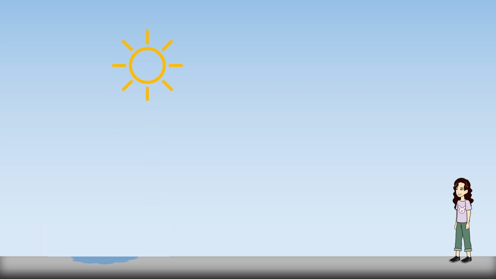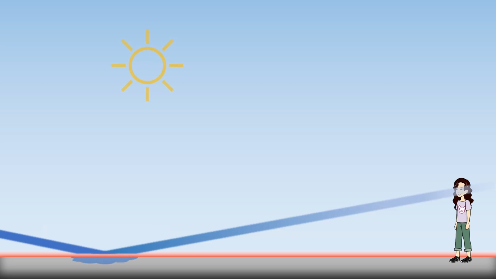During summer, the sun heats the asphalt so much that a thin layer of hot air forms above it. This layer of hot air acts as an optically less dense medium compared to the slightly cooler air above. When light from the sky reaches this hot air layer, at a certain angle, total internal reflection occurs.